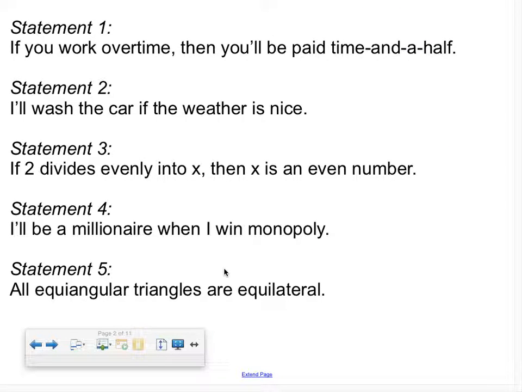So if I take a look at these statements here, let's identify what's the hypothesis and what's the conclusion. First statement: if you work overtime, then you'll be paid time and a half. The hypothesis is what's between the if and then. So this is the P, the hypothesis.